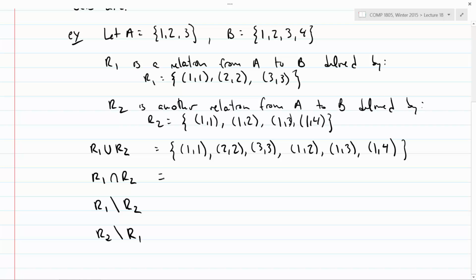So the intersection works similarly. I look at all of the pairs that are in both. In this one, what's in common between R1 and R2? (1,1). Right, (1,1) is the only thing that I have in both of those sets. So (1,1) is in the intersection of those two relations. What about R1 minus R2? Right, I'm going to get (2,2) and (3,3).